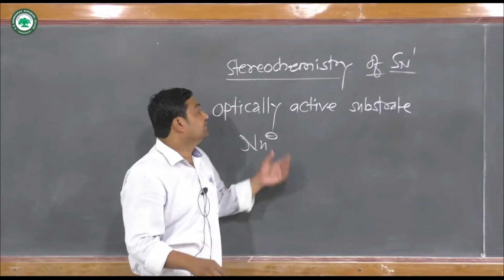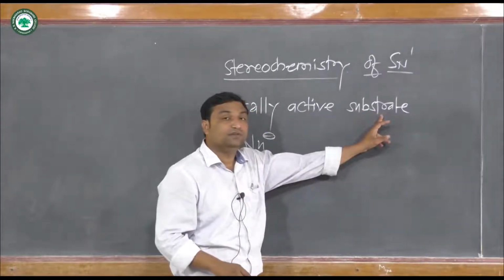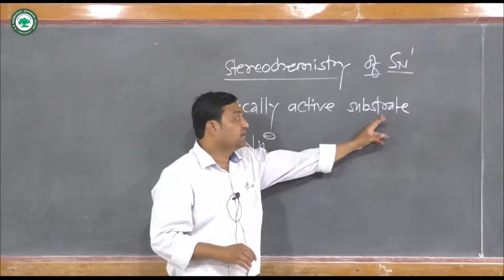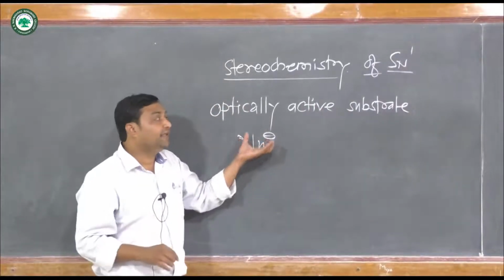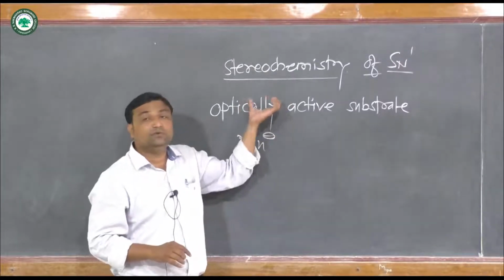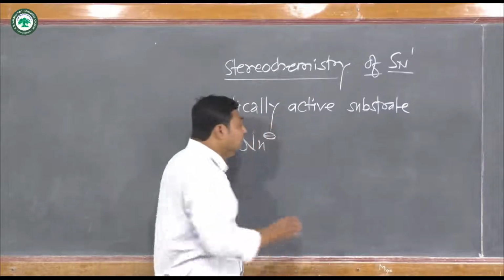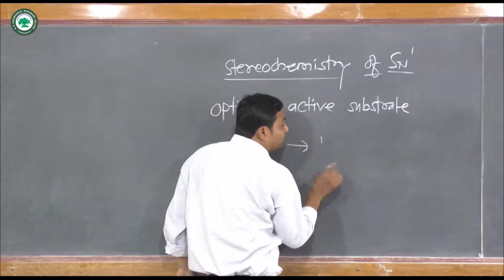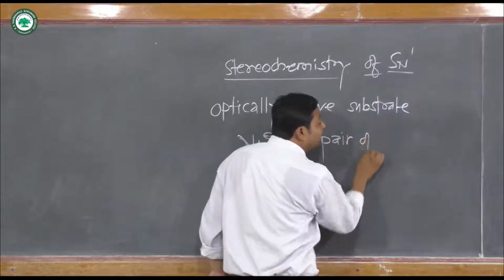In that case, when we use the optically active substrate and the nucleophile attacks it, it results in the formation of two products, or we may say a pair of enantiomers.